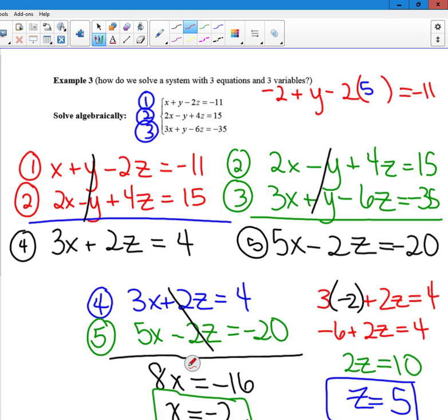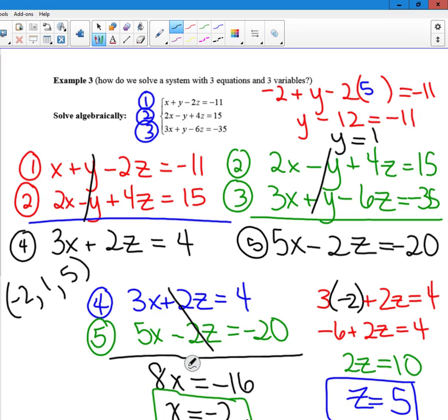Then we can solve for that. So I have negative 2 plus negative 10, so I have y minus 12 is equal to negative 11, and so therefore y equals 1. Now I've found my final solution, which in this case is x, y, and z.